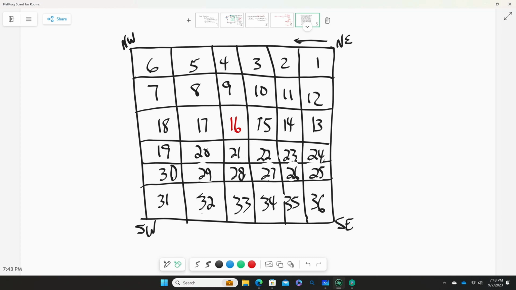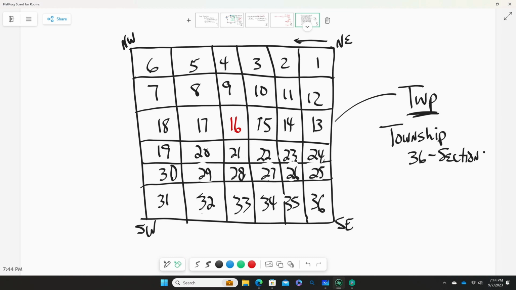So this is what we call a township. TWP is what you might see on the exam, but it's a township. And what do you notice about these? Well, there are 36 blocks, or what we refer to as sections, in a township. So this, I'm going to use green, is a section.